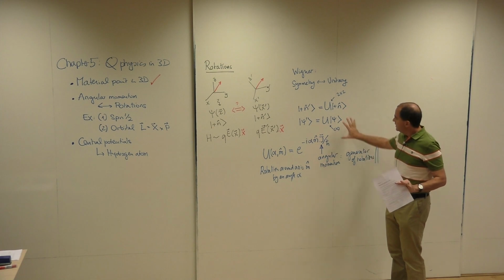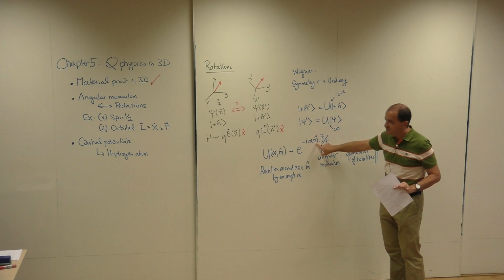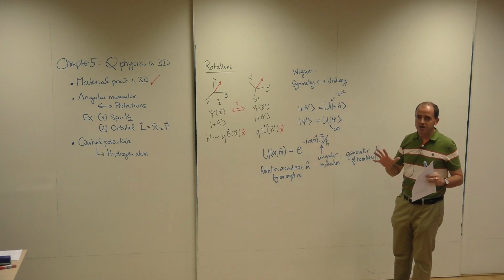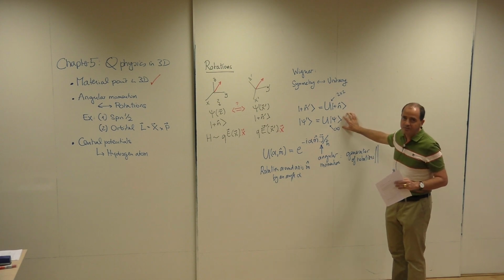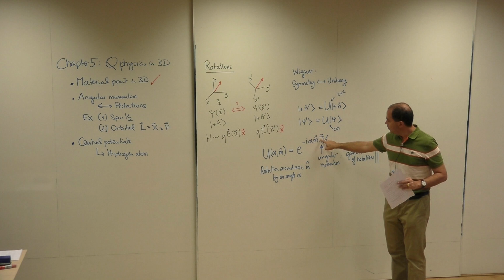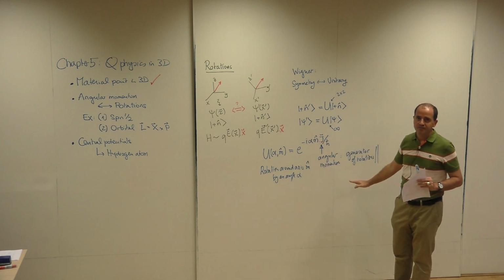So remember, it's the same rotation, same alpha, same m, but we are applying this rotation to describe objects of different dimensionality. A vector 2 by 1, an infinite dimensional vector. Therefore, this matrix must have different dimensions. The difference is only in the way we represent angular momentum.